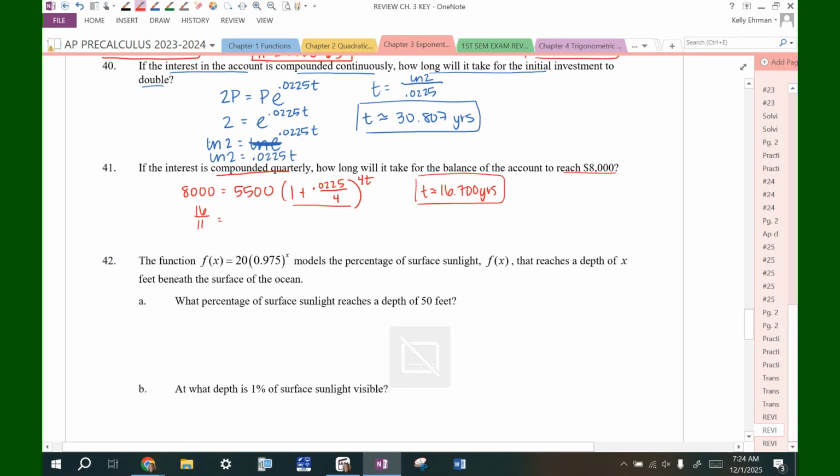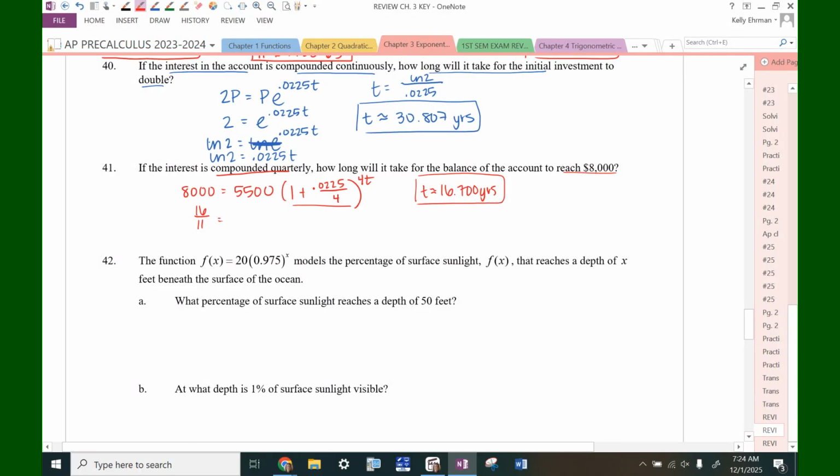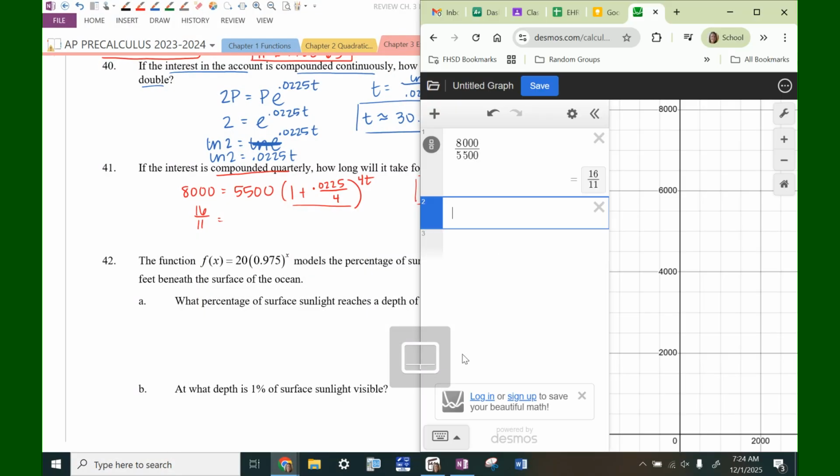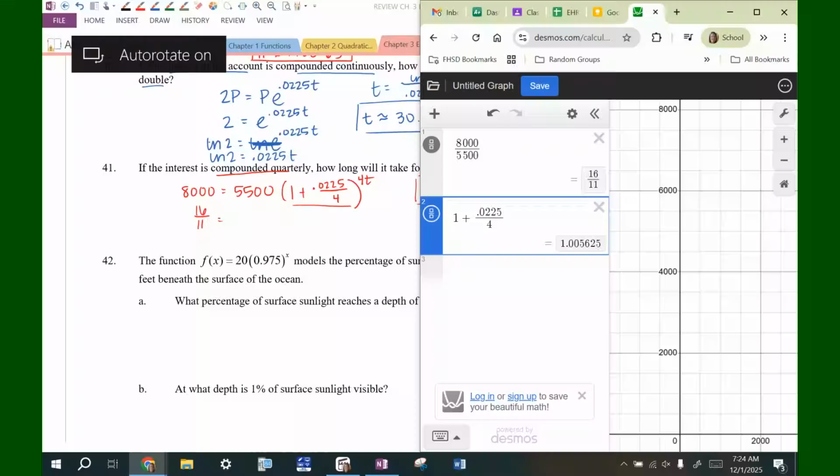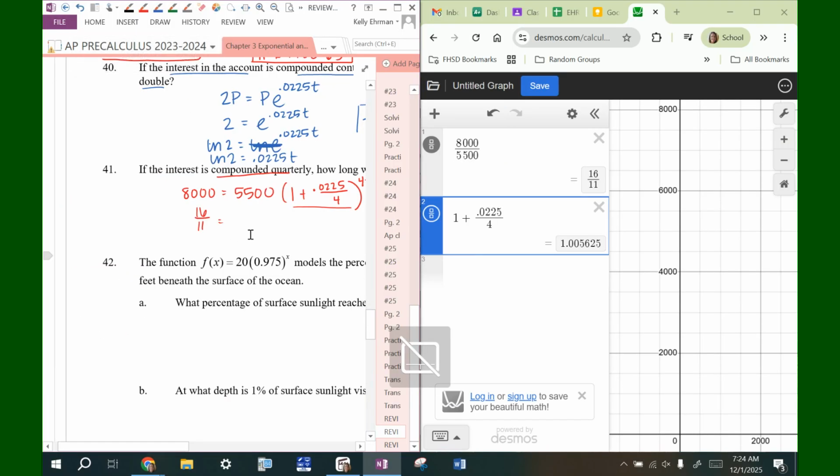I also want to know what this is. This seems like it's going to be a terminating decimal. Yeah, so again, don't round this, but I'm going to use this number as my base. So let me split screen here, sorry.